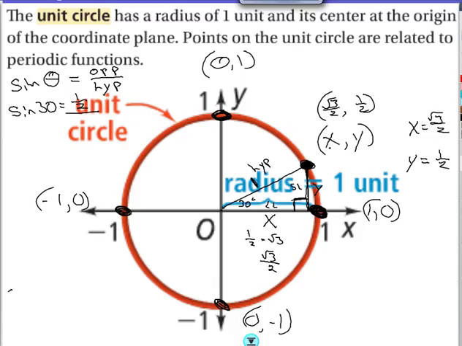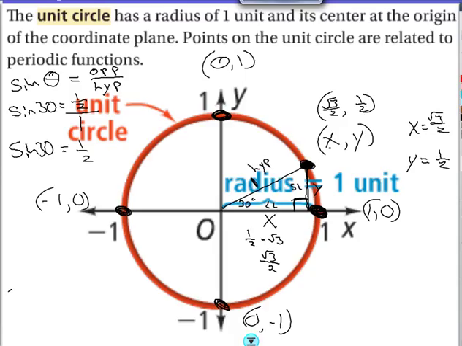which we know has length 1. Anything divided by 1 is what? Still the same. Itself. So a half divided by 1 is a half. Which means the sine of 30 equals a half.